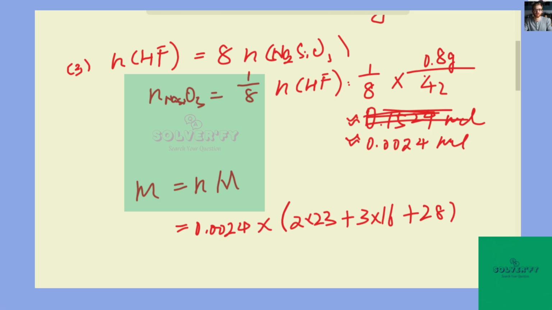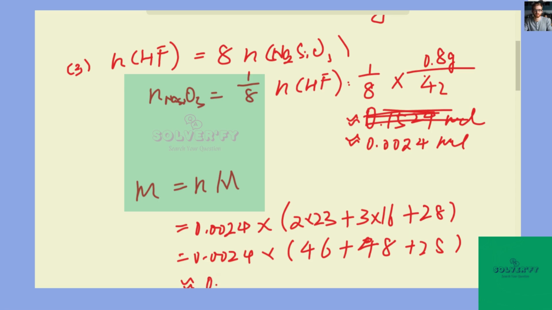So it equals 0.0024 times 46 plus 48 plus 28, and it equals around 0.29 grams. And this is the answer.